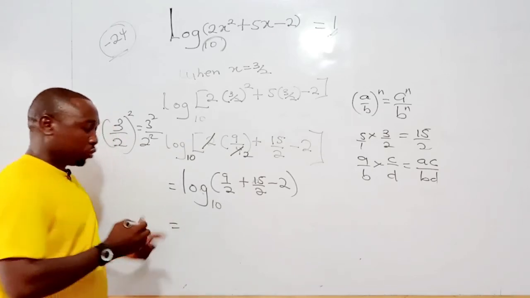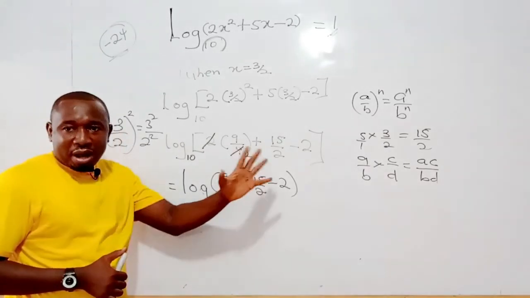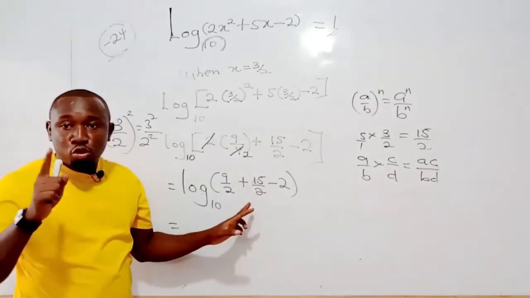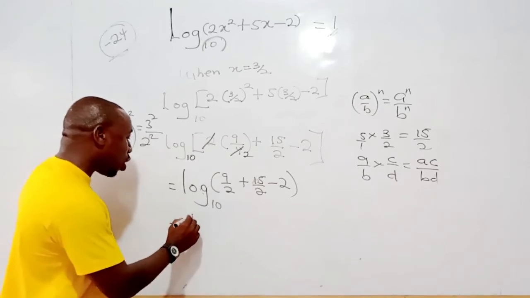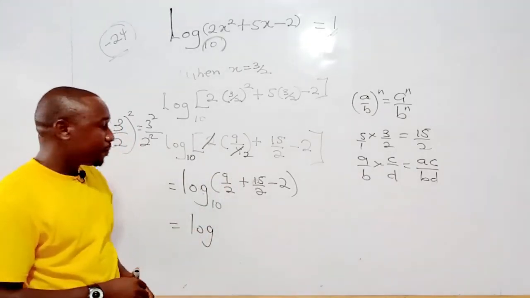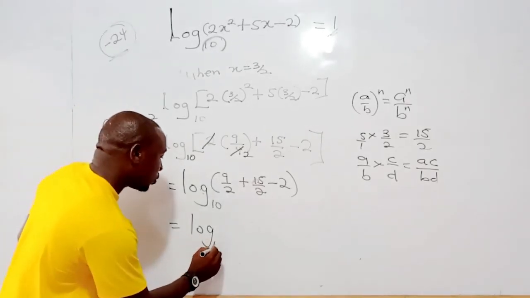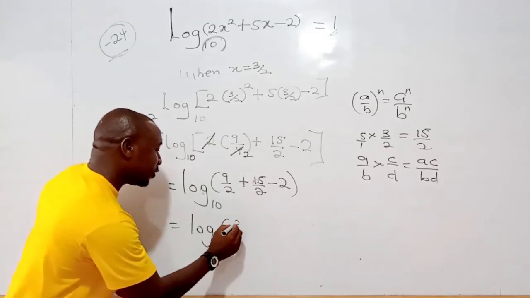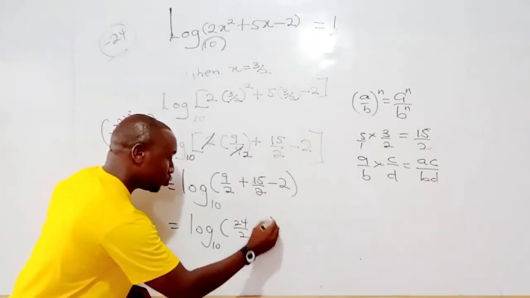This is equal to, when you are dealing with fractions, when the denominators are the same, you just choose one and then you add the numerators. And this will be equal to log of 9 plus 15, which will give us 24 out of 2 minus 2.